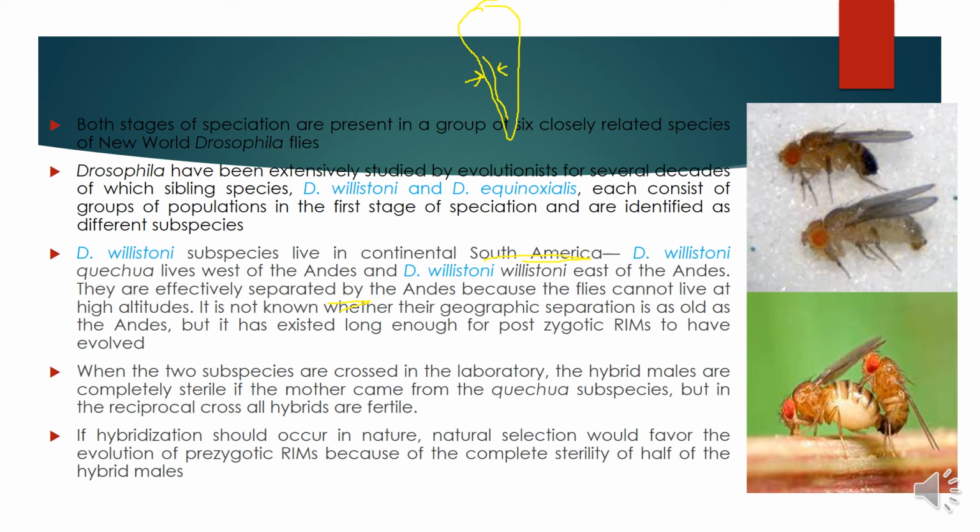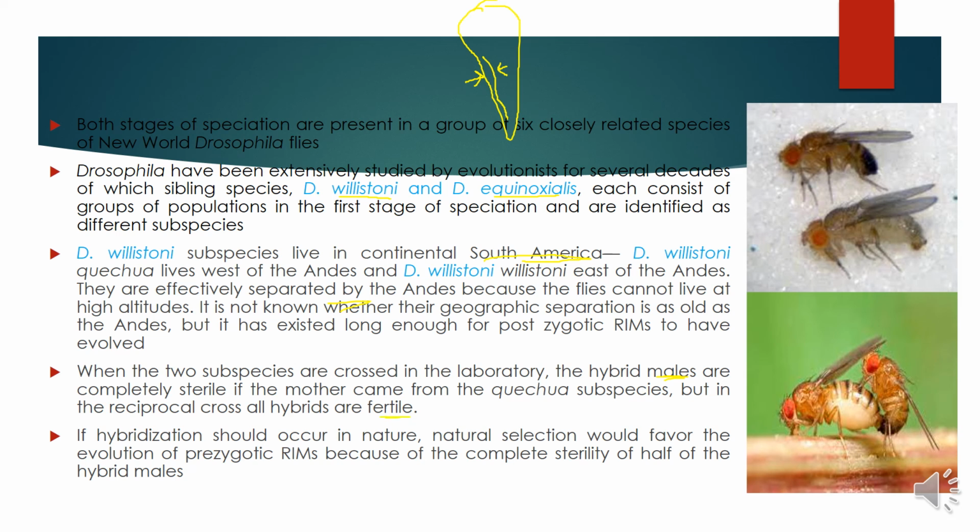For example, Drosophila willistoni and Drosophila equinoxialis, these two Drosophila taken from either side of the Andes, were grown under lab conditions with equal temperature and all other conditions, and then mated. Still, when the hybrid was obtained, the males were completely sterile, and the females were sometimes fertile.